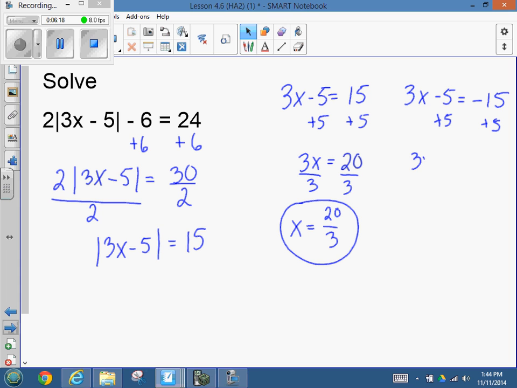It's going to be the exact same setup. 3x equals negative 10. Divide by 3 on both sides, and x equals negative 10 thirds. Second solution. Again, what was the key I wanted you to get from this problem? That sometimes you have to isolate the absolute value before you undo the absolute value with your two different cases.